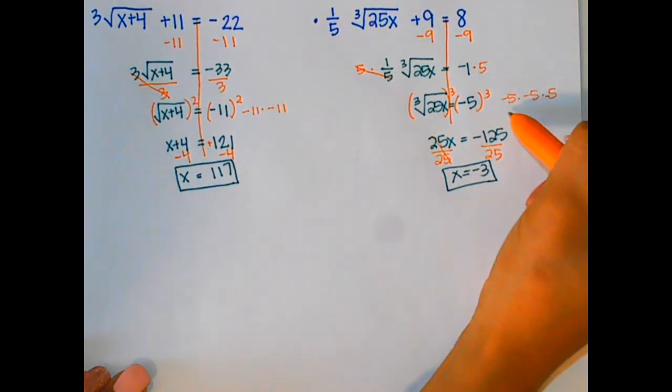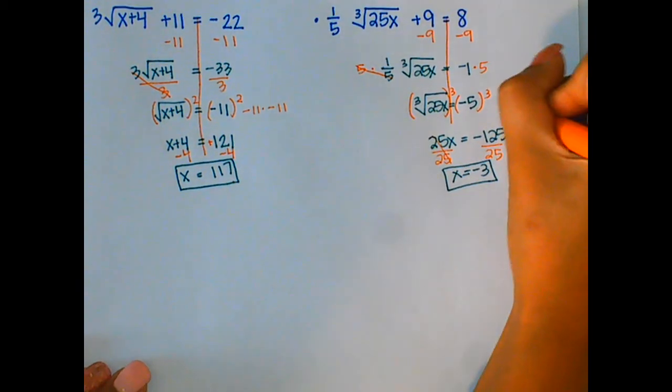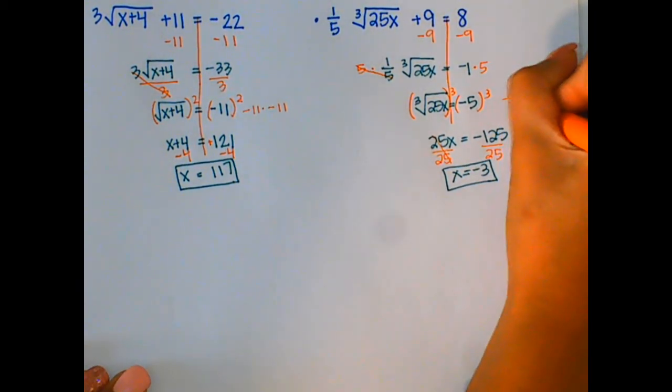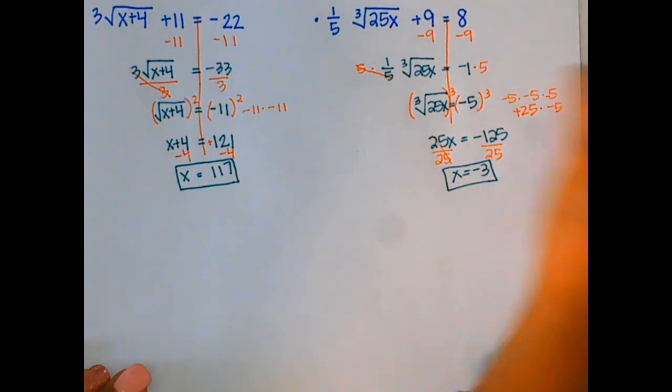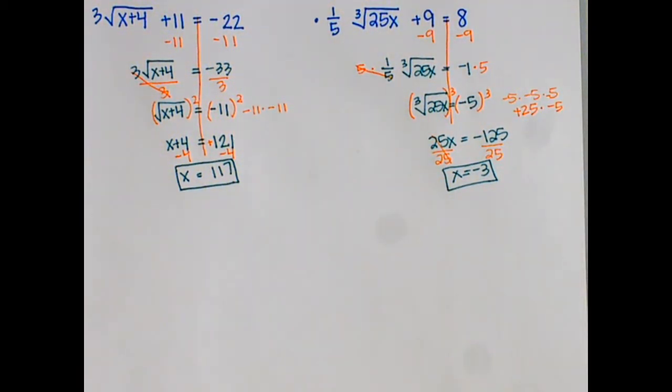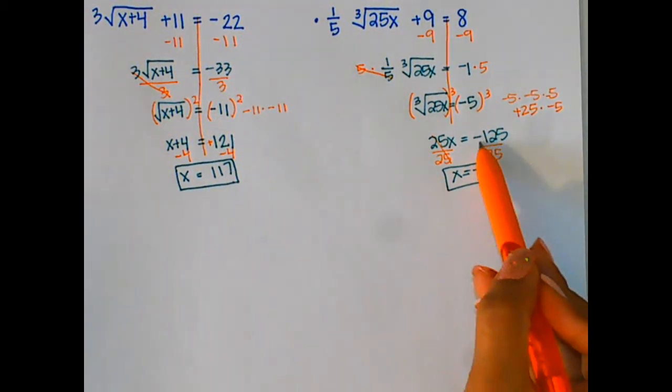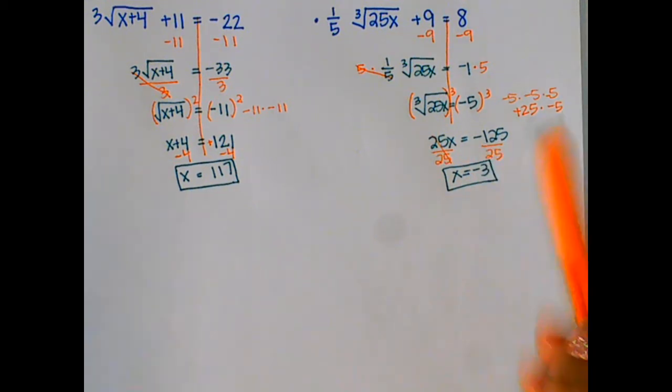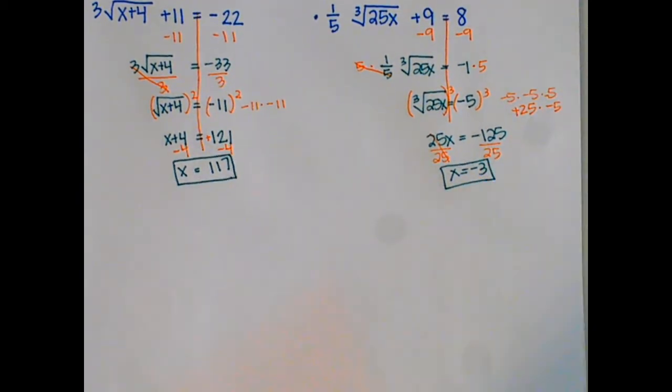So negative 5 times negative 5 would give me a positive 25. But then I would multiply that by a negative, and a positive times a negative would give me this negative sign right here. So that when I divide it by a positive, my answer should be negative at the end. So be careful of those little mistakes.